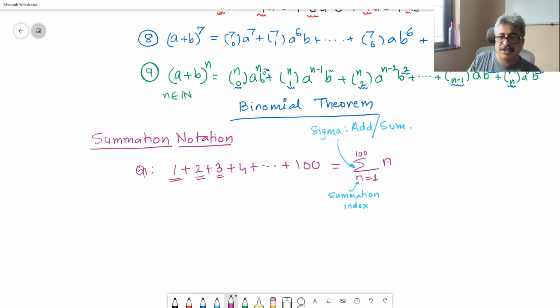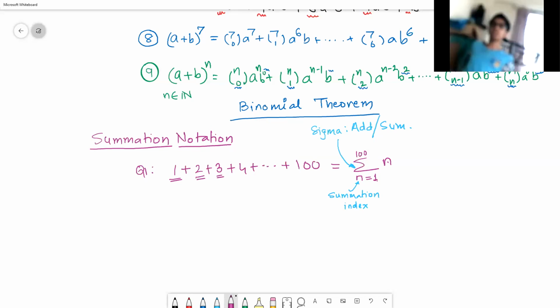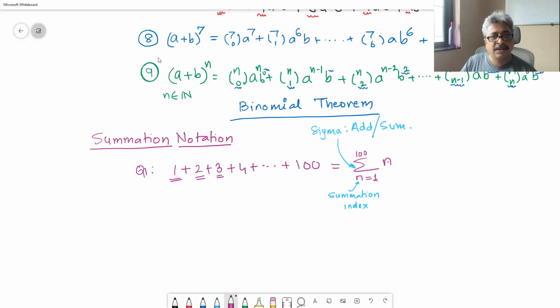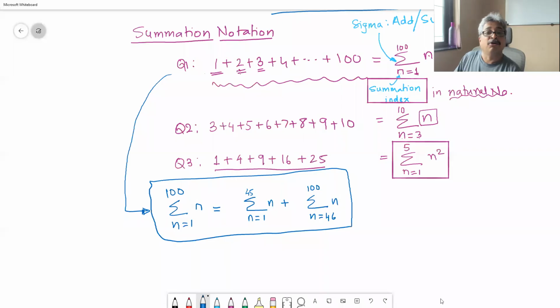That is the notation, the summation of 100 natural numbers.